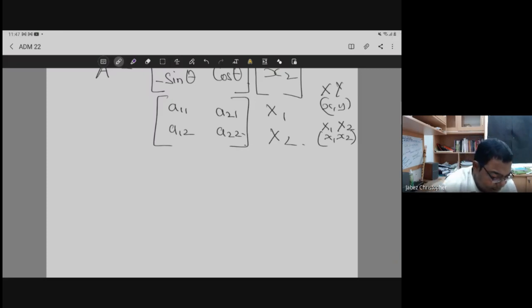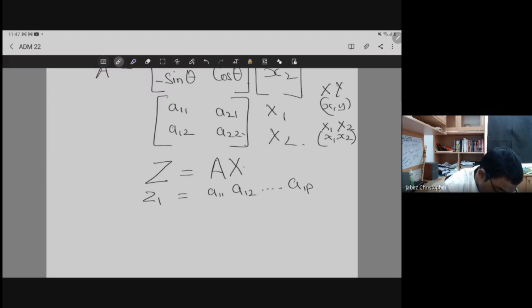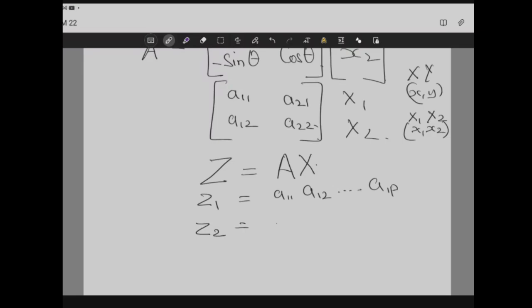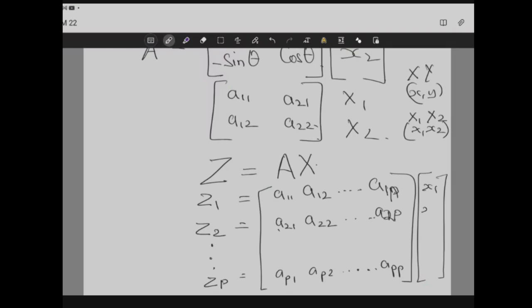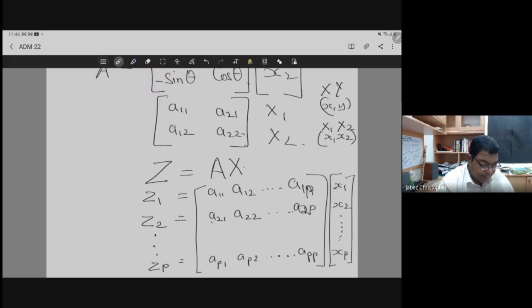If you have p variables, how will it be? z equal to Ax is going to be, z1 is going to be a11, a12 up to a1p. This would be the generalization.